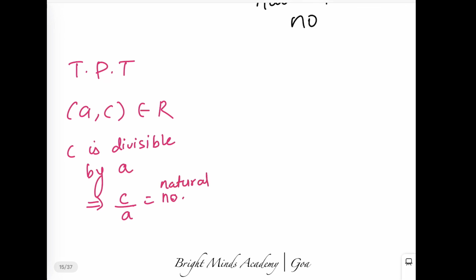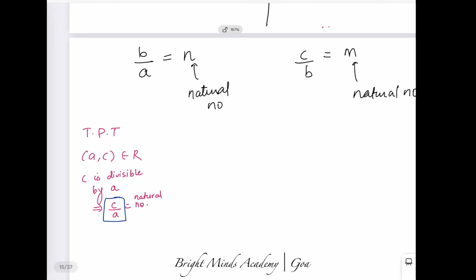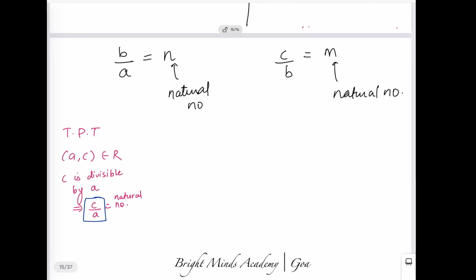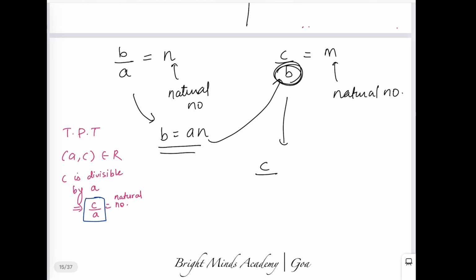Okay, so what do we have to focus on? We have to focus somehow on C divided by A. So what I'll do is I'll find the value of B right here. B is equal to A into N, and this I'll substitute right here. So from here I'll end up getting C upon, instead of B I'll substitute AN, and this will give you M.